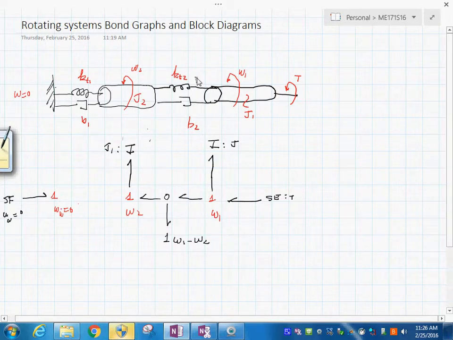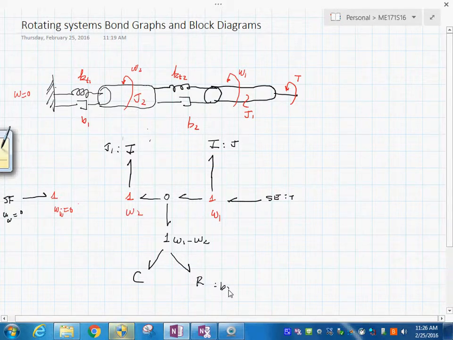In here we write the C element, and then this other one, the R element with value B sub 2, and this with value 1 over K sub 2.